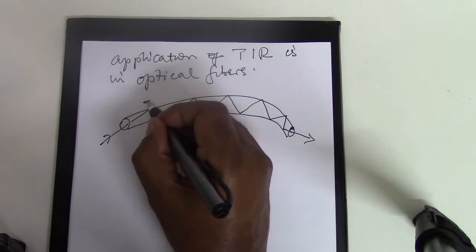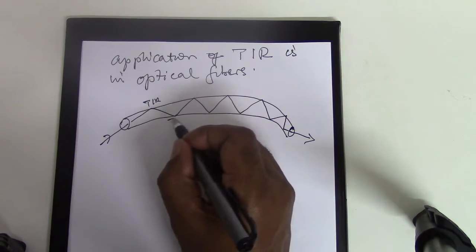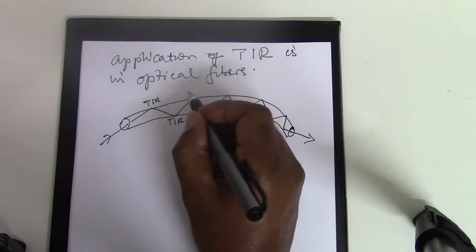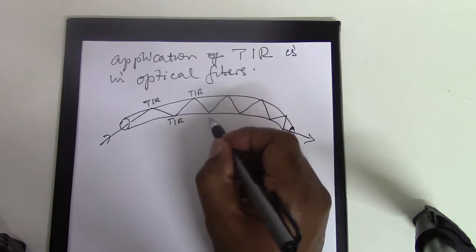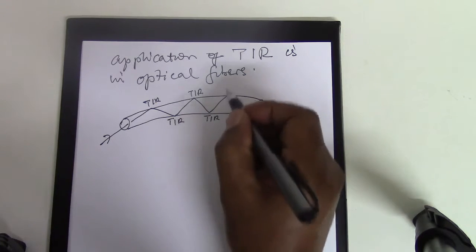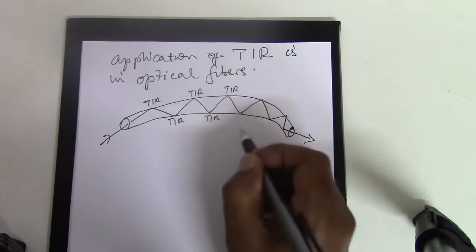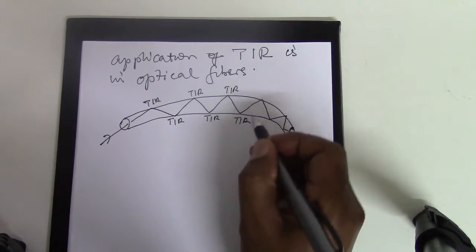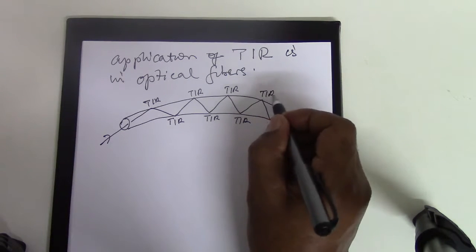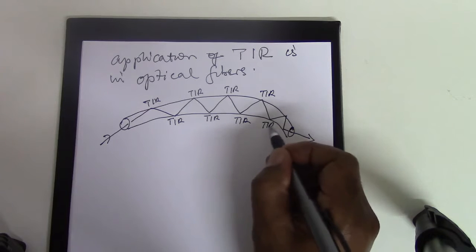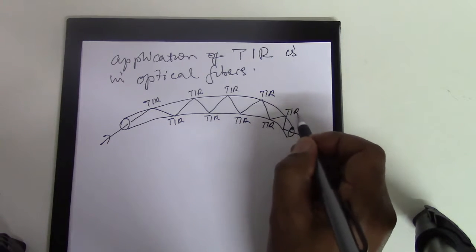Now, here always total internal reflection takes place. So we label it TIR, TIR, TIR, TIR, and TIR.